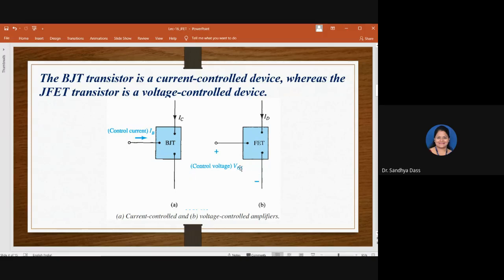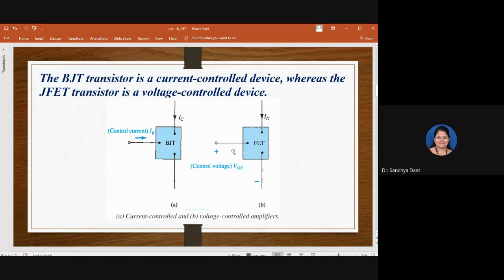Coming to JFET or FETs, field effect transistors, it generally has 3 terminals similar to BJT. The 3 terminals are drain, source, and gate. Here the output of JFET is drain current, and it is controlled by the voltage applied across the gate terminal, that is the voltage across gate and source terminals.